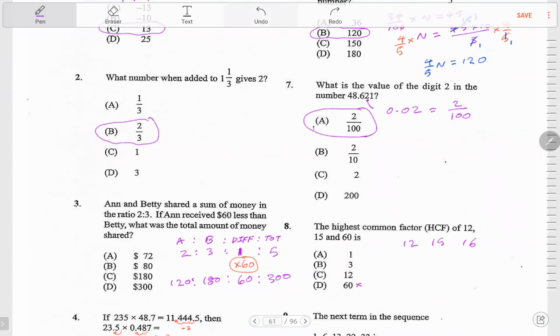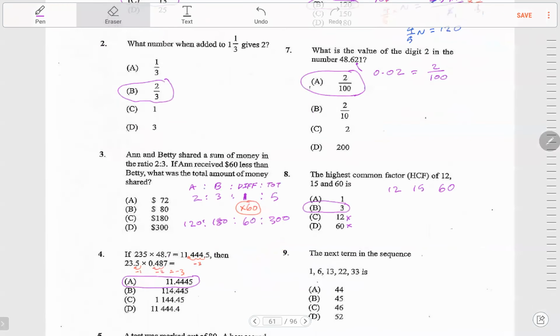So it has to be 3. 1 is a factor of everybody, but 3 is a factor of those 3 numbers. It has to be 3. So it's a process of elimination.